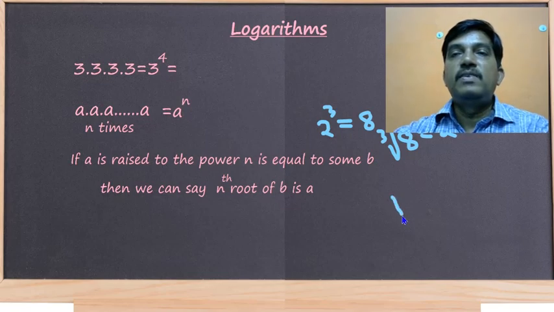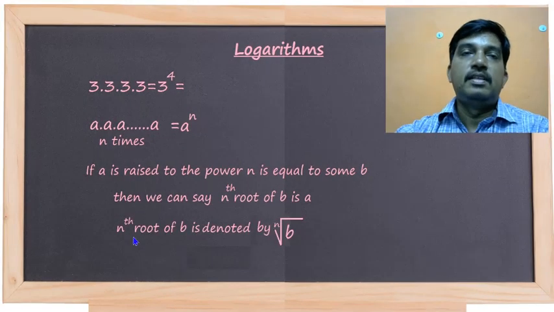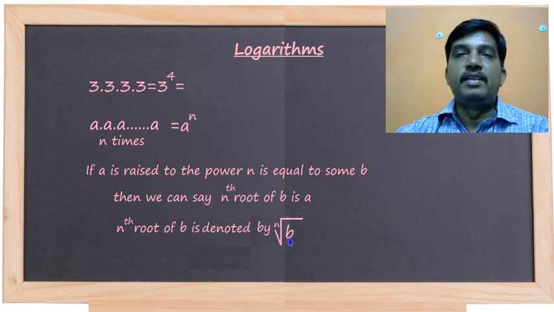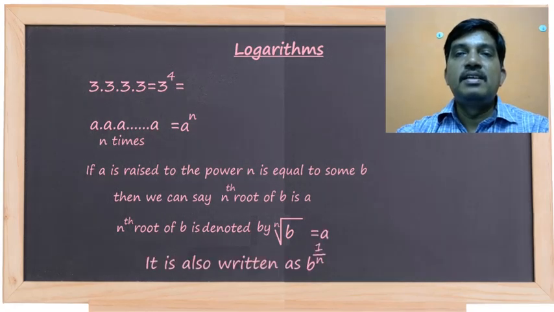Suppose if you want to find cube root of minus 125, the value is minus 5. That is, nth root of b is denoted like this, read as nth root of b, and it is also represented as b to the power 1 by n.